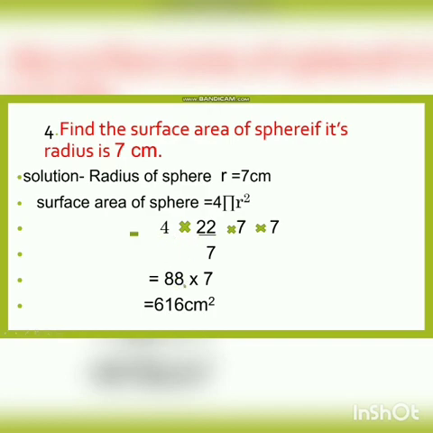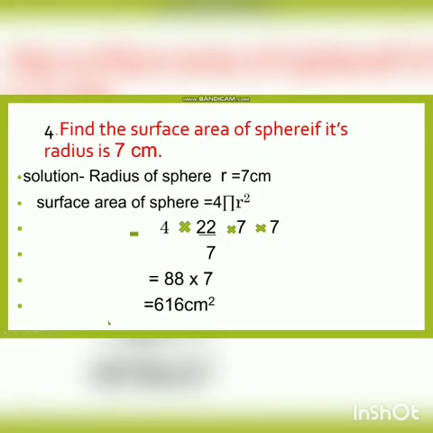Then multiplication of 88 into 7: 7 into 8, 56, write 6, carry 5; 7 into 8 again 56, 56 plus 5 is 61. So in last step you get surface area of sphere is equal to 616 centimeters square.